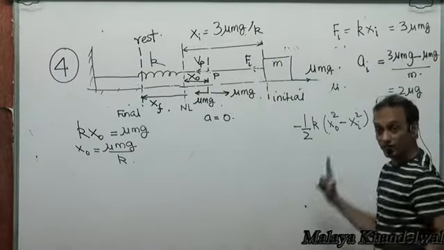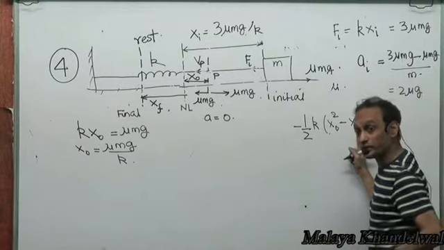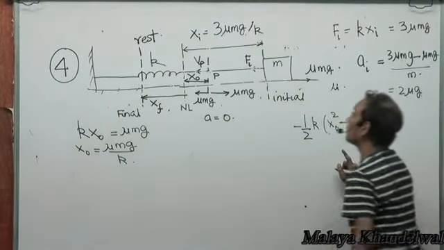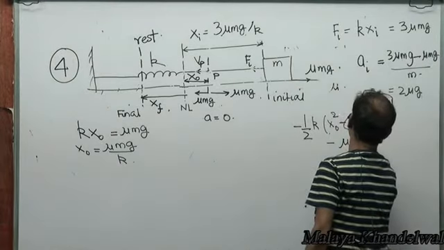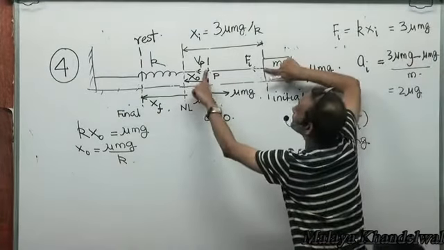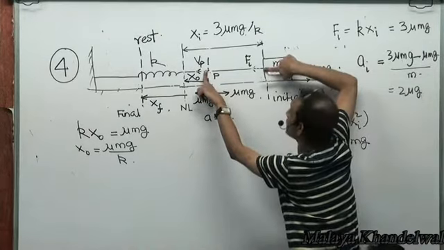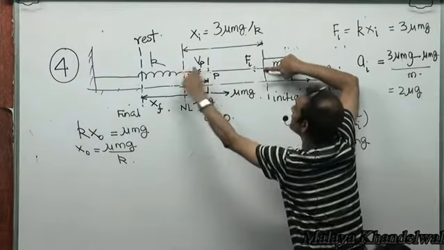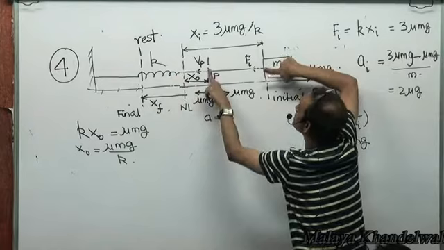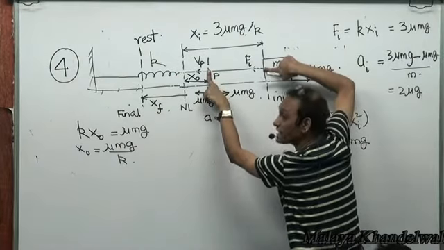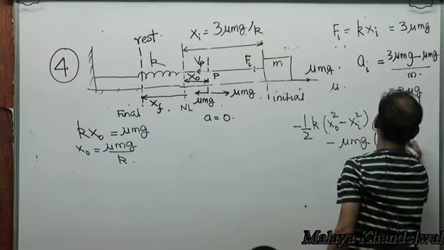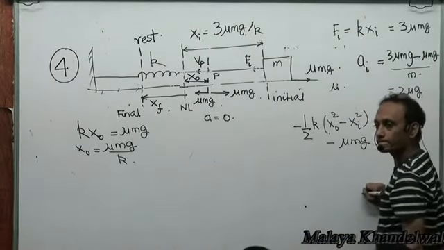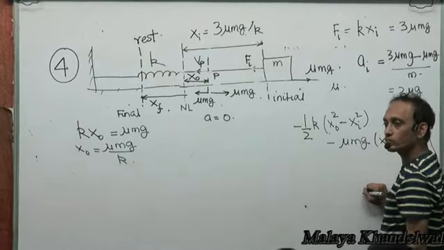That's the work done by the spring force, negative of the change in elastic potential energy. Then what's the work done by friction? Minus mu mg into this length, which is xi minus x naught. Realize this whole thing is xi, this is x naught. So displacement of the particle is xi minus x naught. Right?